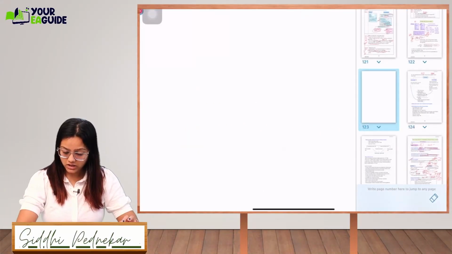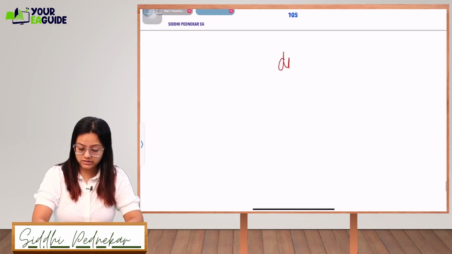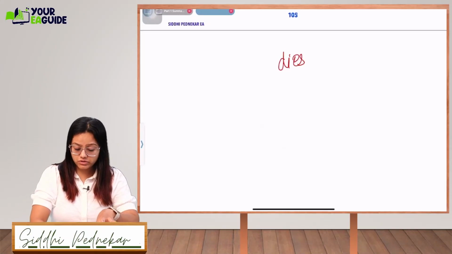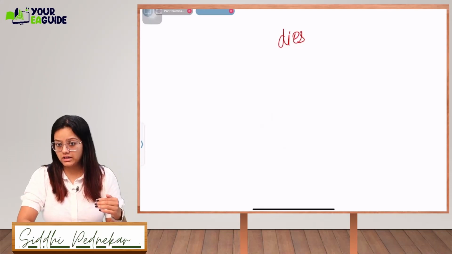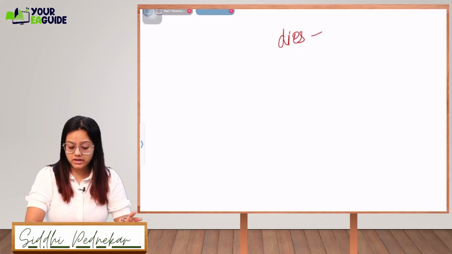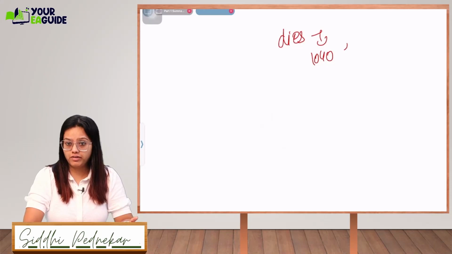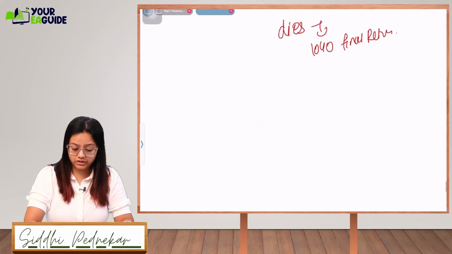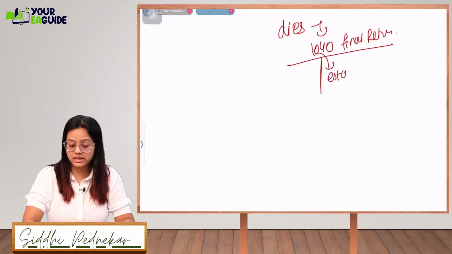This is the basic flow of preparing the return. The person dies, and that year you will file a 1040 final return. After that you have to transfer everything into the estate and pay the estate taxes.